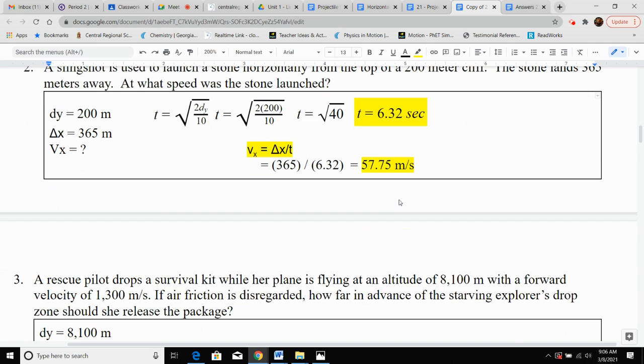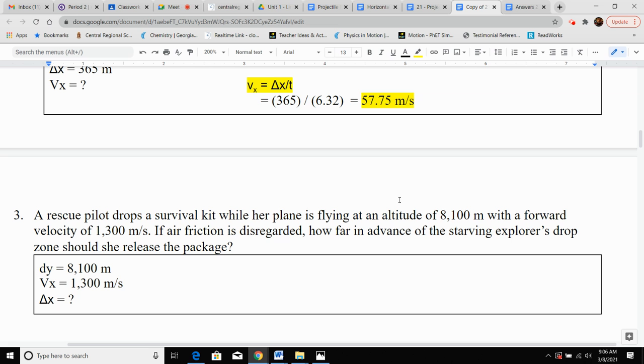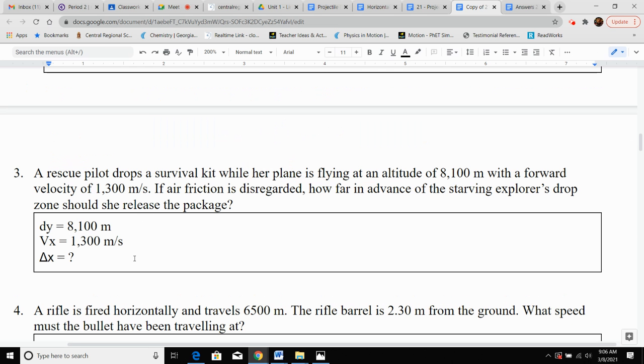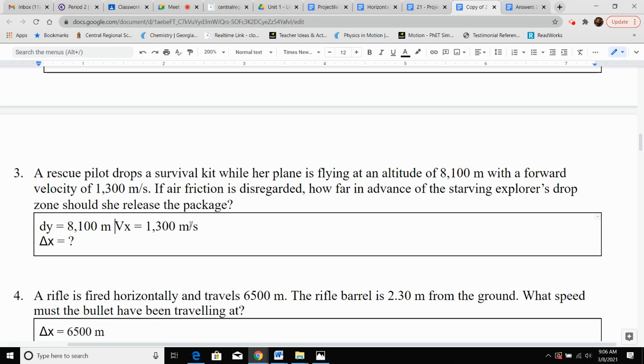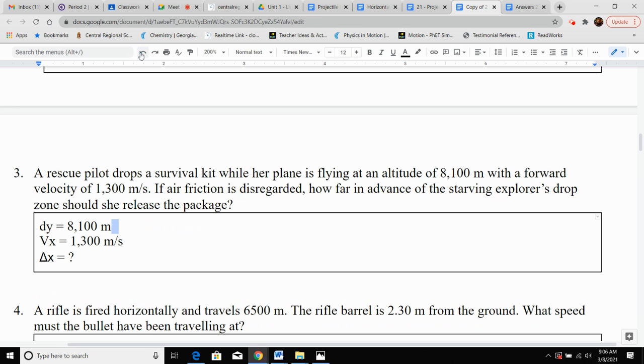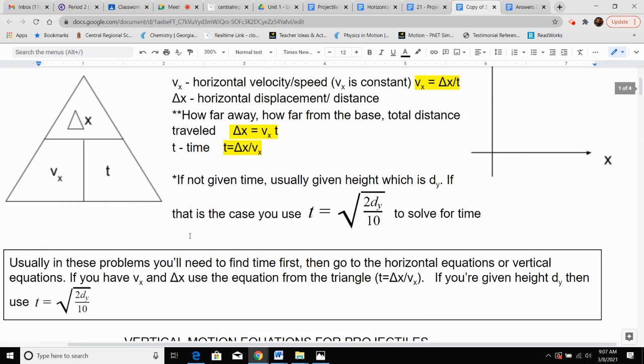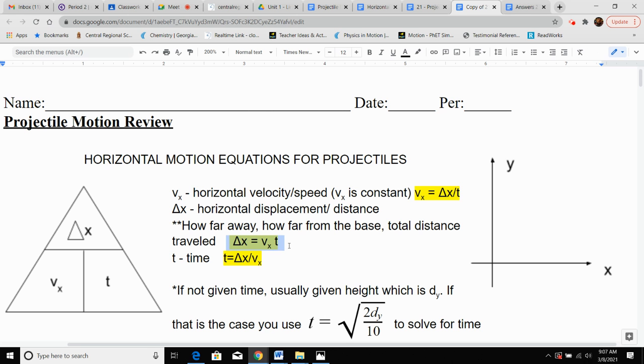Now in number 3, it's done almost the exact same way, but we're looking for delta x. So in order to get our horizontal displacement, here's the equation that we need.